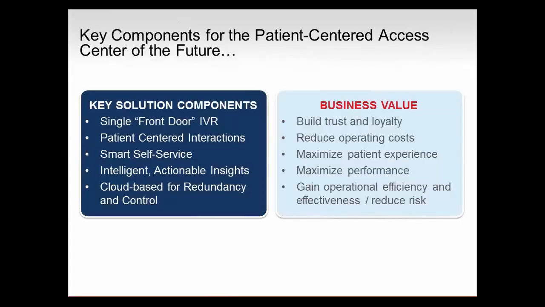As long as they have access to an internet connection and they can register a phone, it could even be their cell phone, they can take phone calls. So these are some of the key components that we see as being a next generation patient-centered access environment.